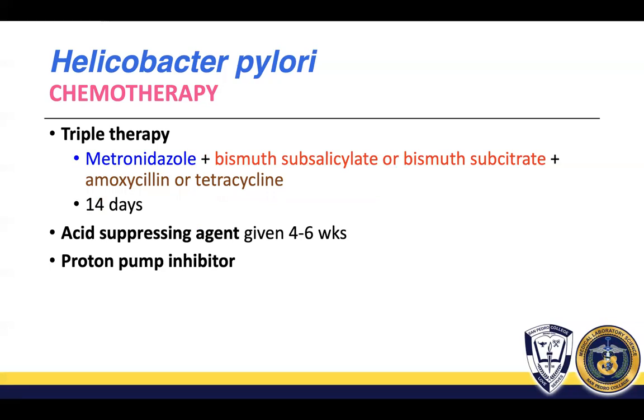That treatment is given for 2 weeks. Aside from that, we can provide acid-suppressing agents and proton pump inhibitors. Both will lessen the acidity of the environment and help the ulcers heal. This is usually given for 4 to 6 weeks.